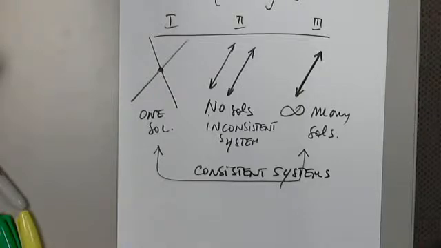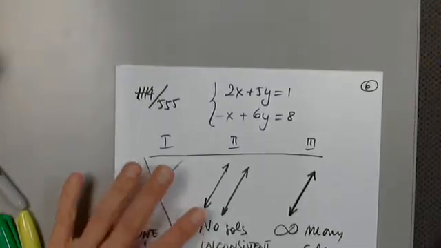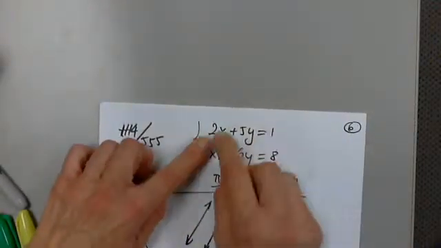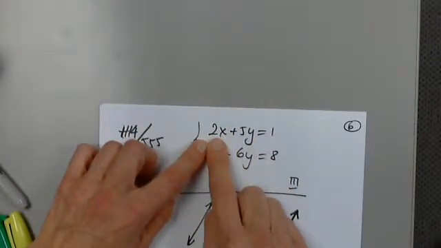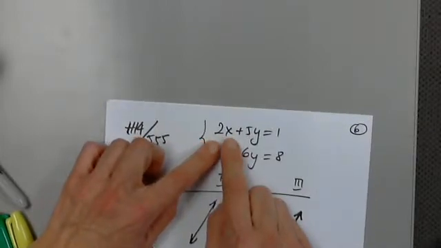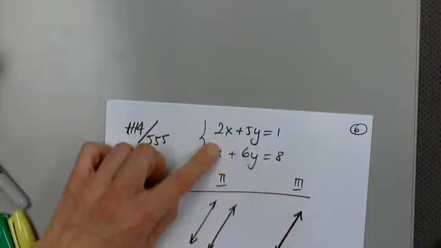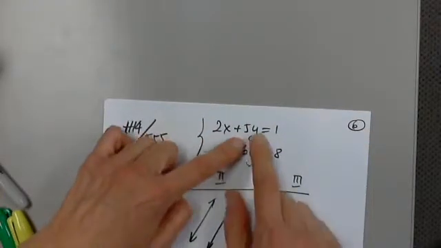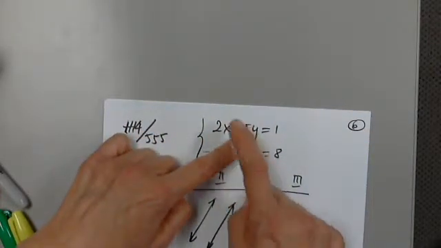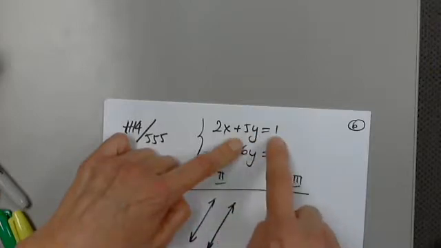Now let's analyze the system that we are given to solve using substitution. I go back to the system and look at the coefficient of x here. It's 2. Do I want to solve for x? No, because if I move 5x, I will have a fraction divided by 2. Do I want to solve this one for y? No, because I move 2x, but I have a fraction divided by 5.